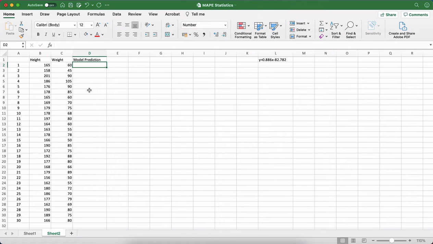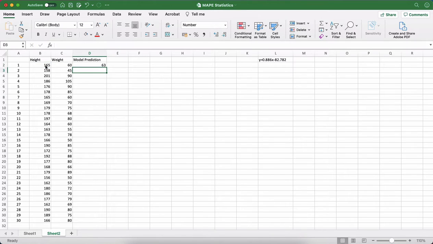So we'll just have to type equal and then 0, comma, if you have a German notation for your computer or Excel, 886 times x, in this case the height. So just click this cell and then minus 82 again, comma, 782.